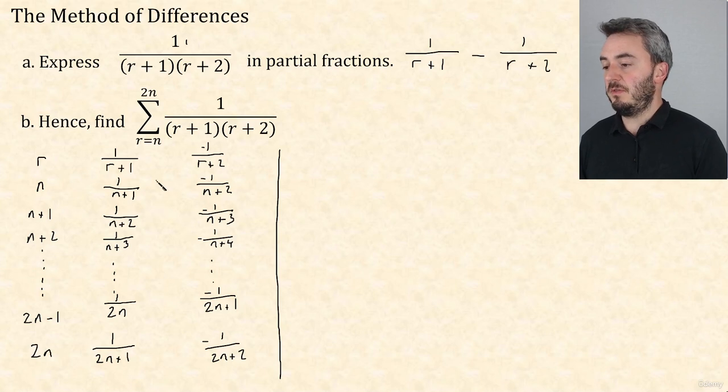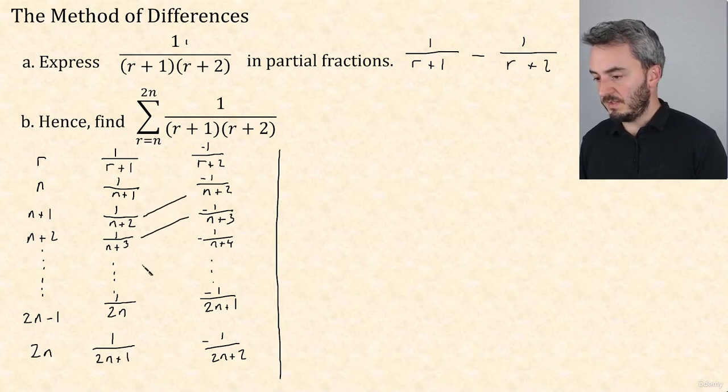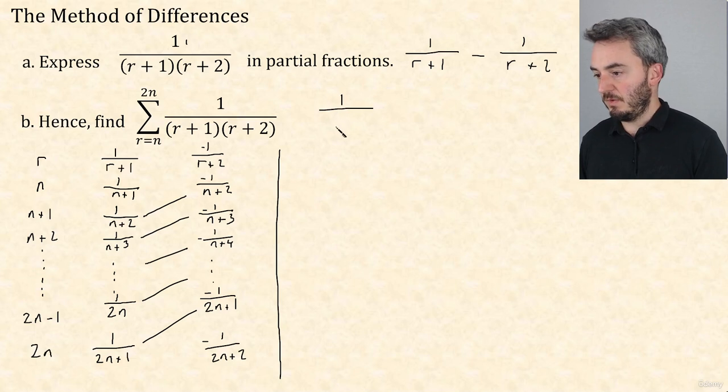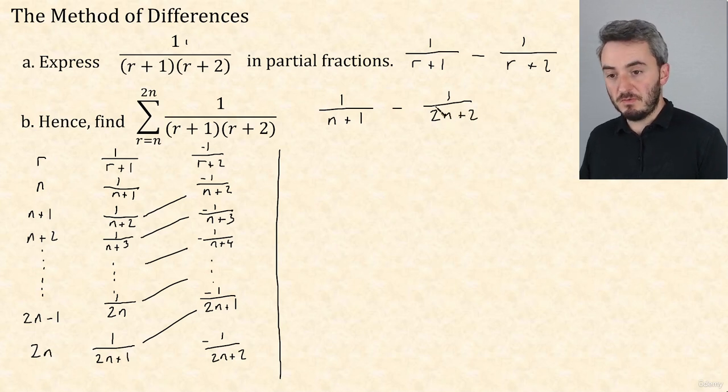And then you see that the things that cancel are these, and these, leaving only 1 over n plus 1 minus 1 over 2n plus 2.